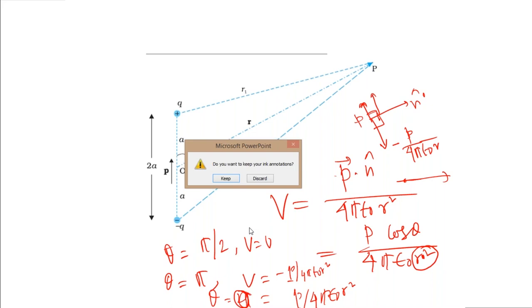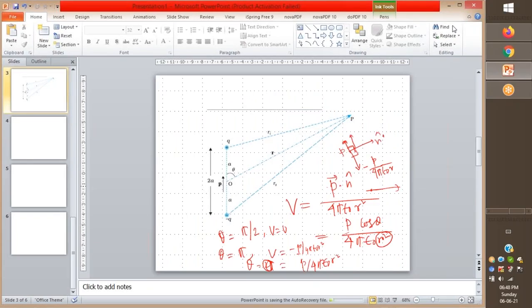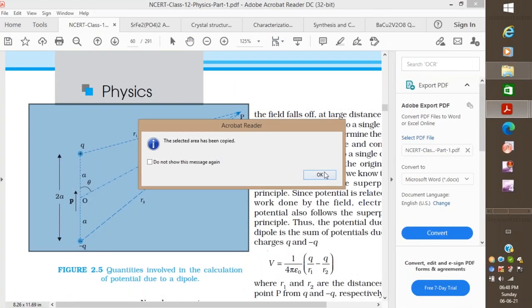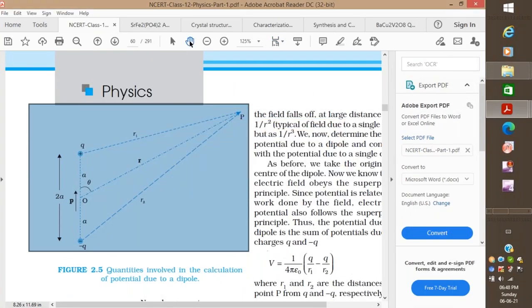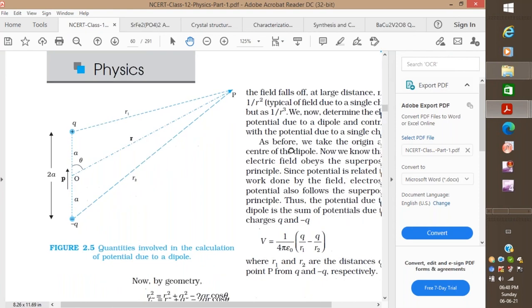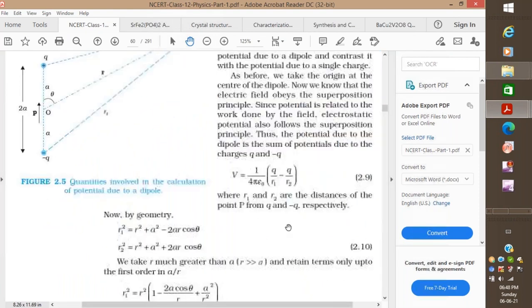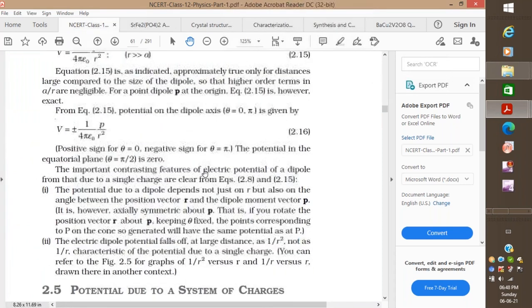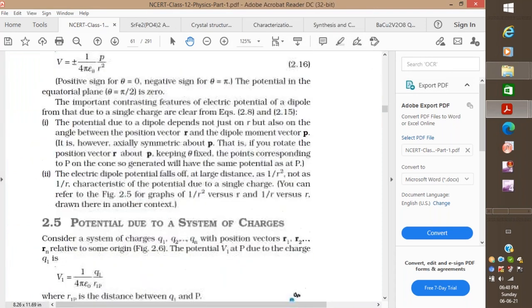Look here. The potential of a dipole depends not only on r, it depends on the angle between r and the dipole moment. In case of an electric dipole, the potential depends on 1 by r square, while for a point charge it depends on 1 by r.